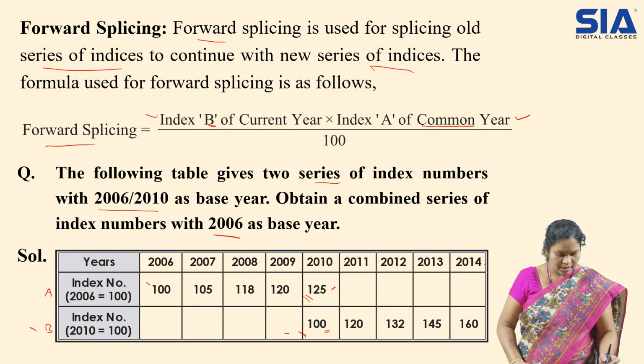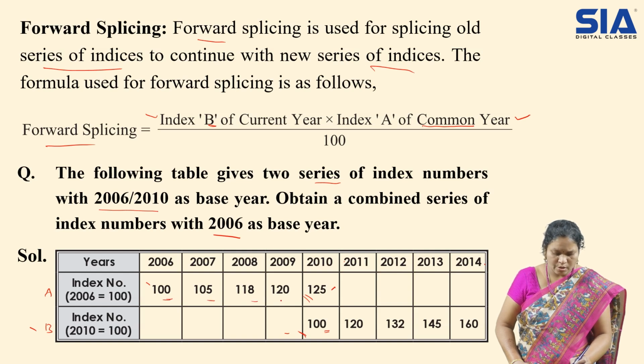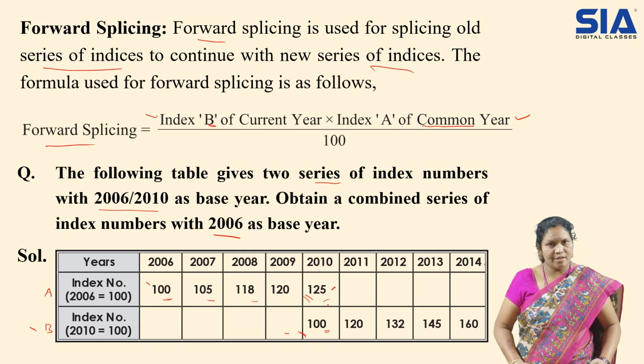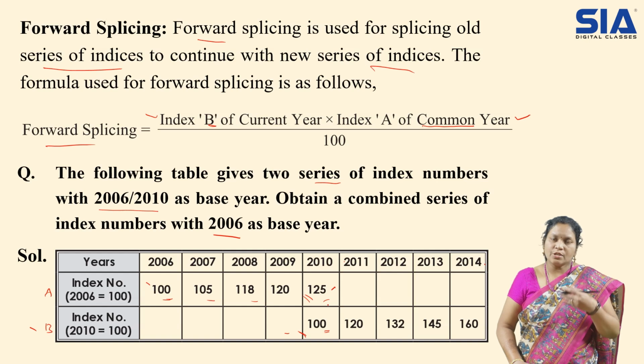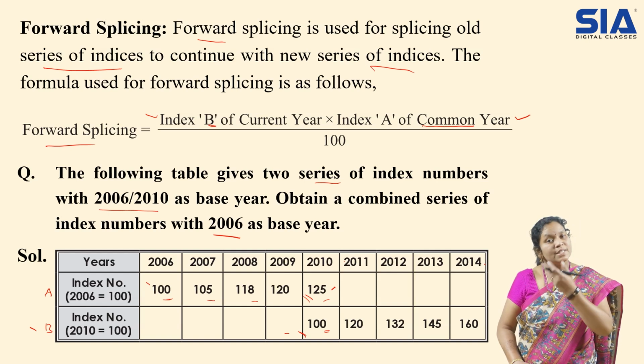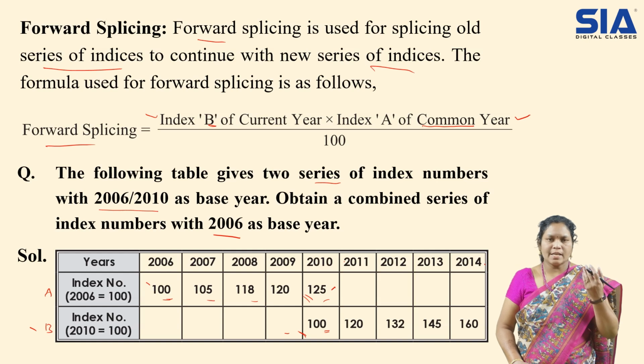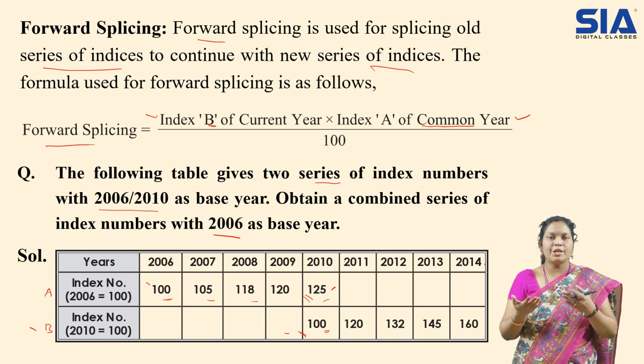Series A already has information from 2006 to 2010. So as it is, you have to copy it here. The splicing formula is used for missing data, and since some of the data is already in your hand, we definitely need to use that.